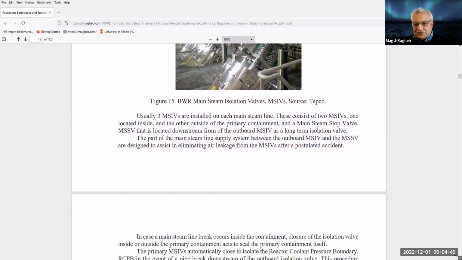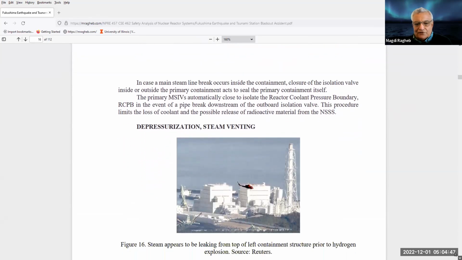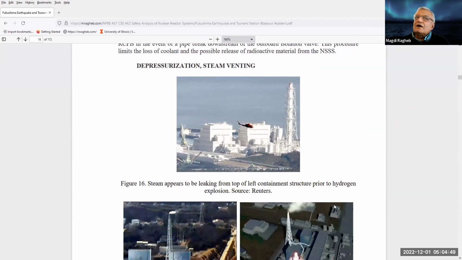In that case, hydrogen accumulated, and we ended up with the risk of a hydrogen explosion. You could see here at some stage in the accident, in one of the reactors, I think the number 2 unit, the steam trying to escape from the top, whereas this one did not have steam escaping from the top.